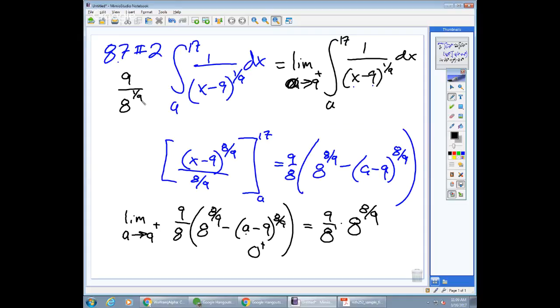Oh, they're so naughty. I don't like that. Oh yeah, that's the way they say here. I wonder if they'll take it. They won't take it with the fractional power? Oh, that's rude. All right, fine. So the book or the online homework wants the 9th root of 8 in the denominator. Oh well, that wasn't too bad.